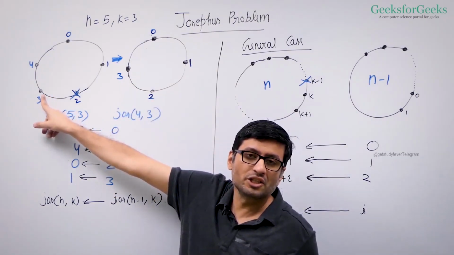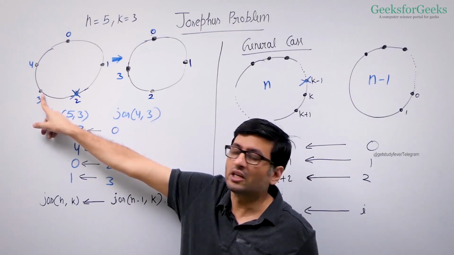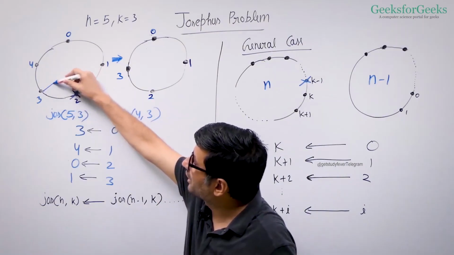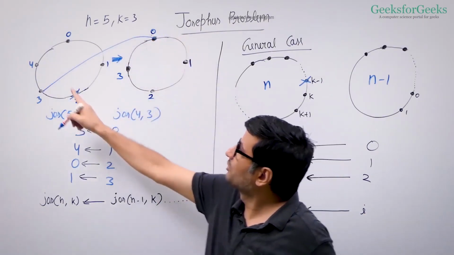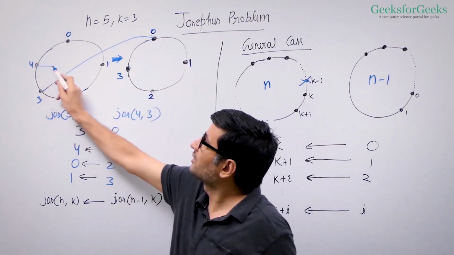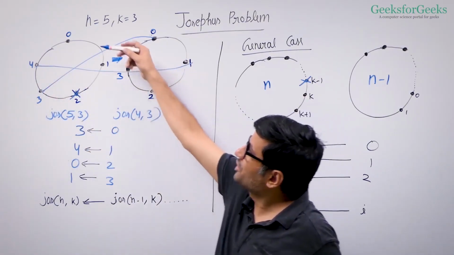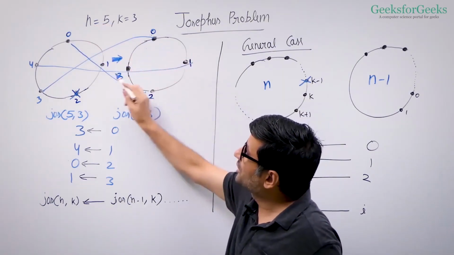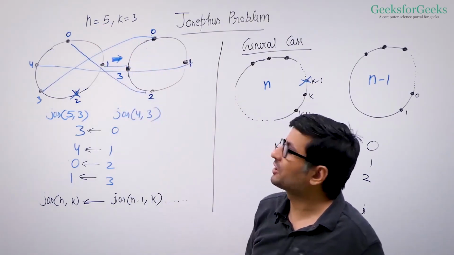The person with initial position 3 now becomes person 0. So this is the same person here, right? And position 4 now becomes position 1, right? This is the relationship. And position 0 now becomes position 2. And position 1 now becomes position 3.